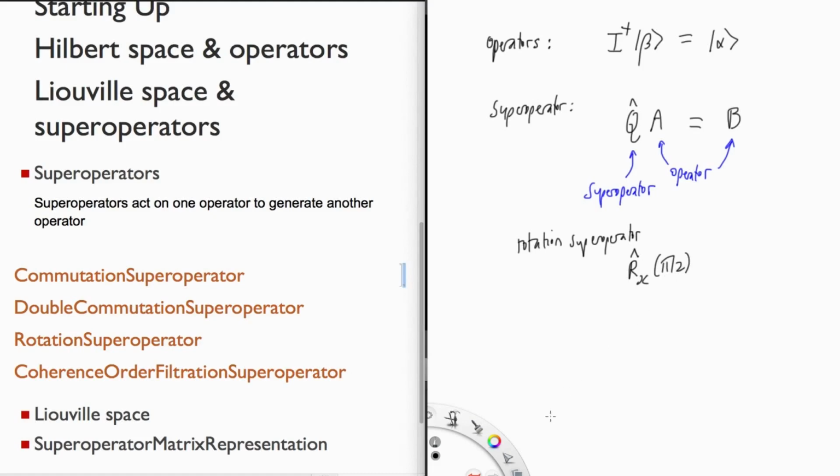A rotation superoperator, in this case, would be the superoperator for a rotation by pi over 2 around the x-axis.